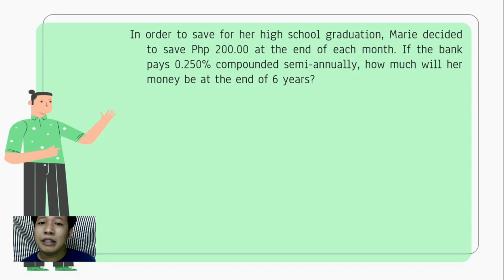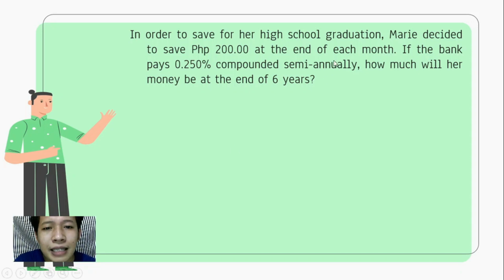Sabi dyan, in order to save for her high school graduation, Mary decided to save 200 pesos at the end of each month. So this is a modified problem from our previous video. If the bank pays 0.250% compounded semi-annually, how much will her money be at the end of 6 years?